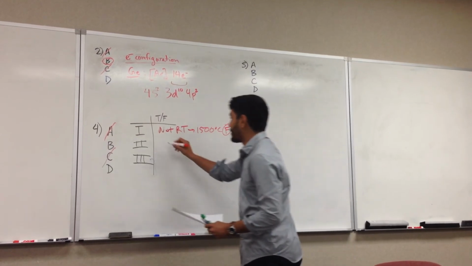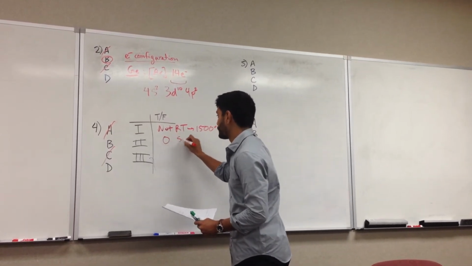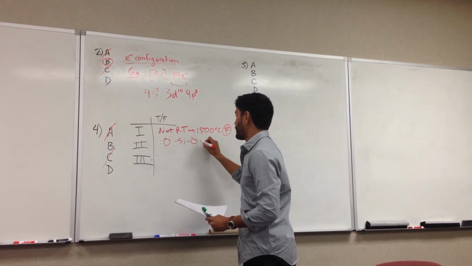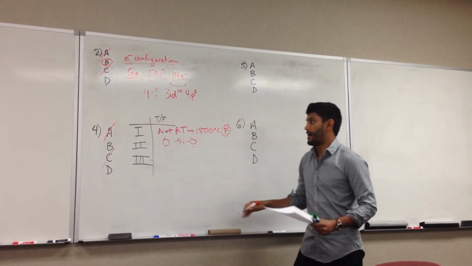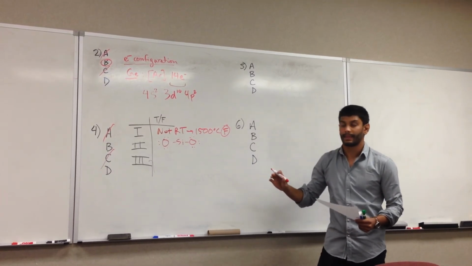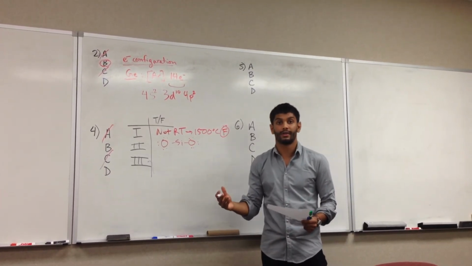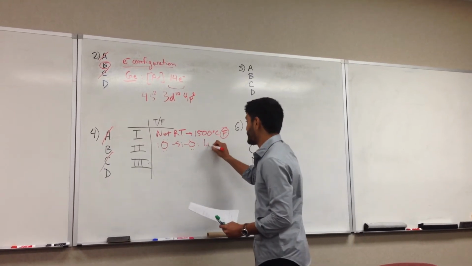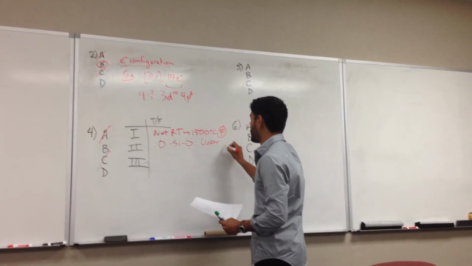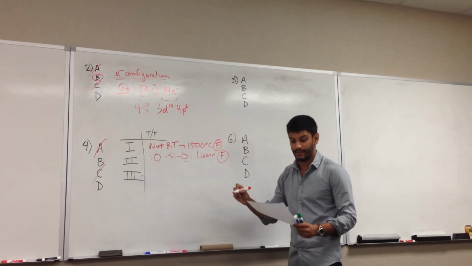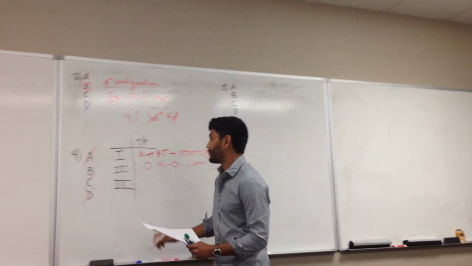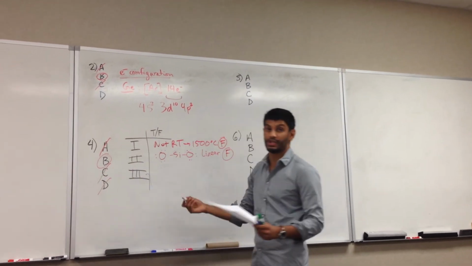Well, doing out the Lewis dot structure, I got oxygens on either side and no lone pairs on silicon. Therefore, this is linear. So this is linear, not bent. So again, false, right? So I can eliminate answer choice D. And I'm left with B, which is just answer choice 3.